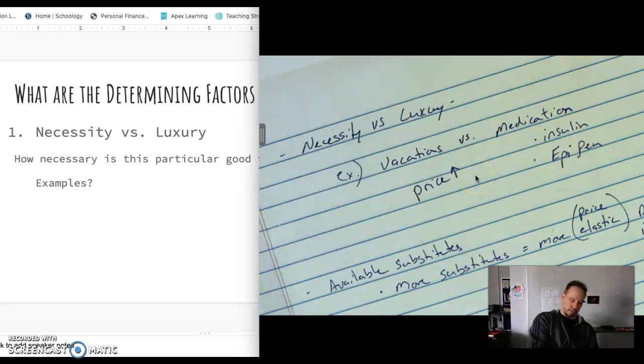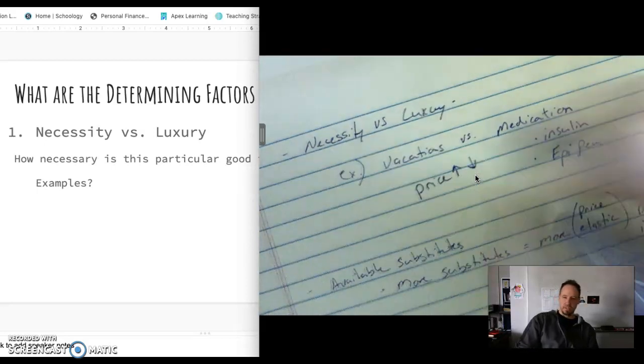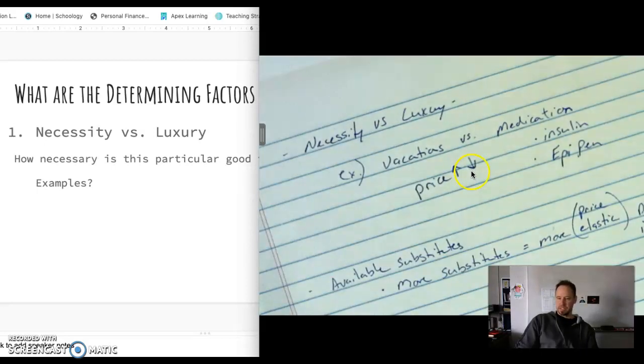Likewise, if price decreases, consumers are not going to stock up on a bunch of EpiPens, as I use this example a lot. They expire, and you don't really need additional ones until they've been used. So regardless of which direction price changes, our demand is going to be inelastic. We're not really going to change the quantity that we're purchasing.